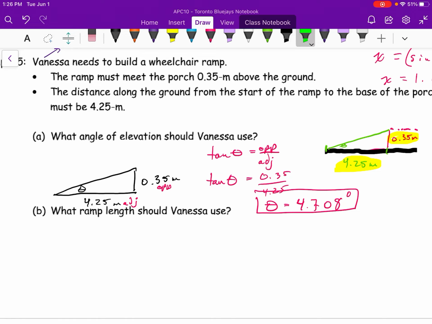Now, part B asks, what length of ramp should Vanessa use? So this is the length of the ramp. What is the length that she should use? Well, I am going to use a squared plus b squared is equal to c squared.